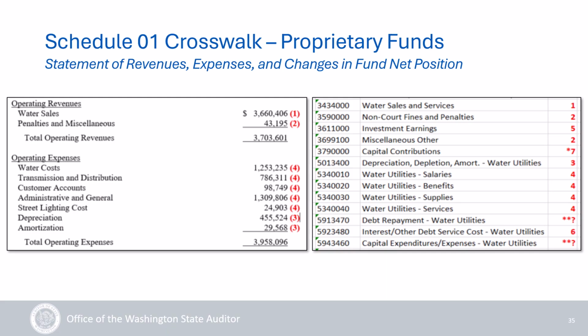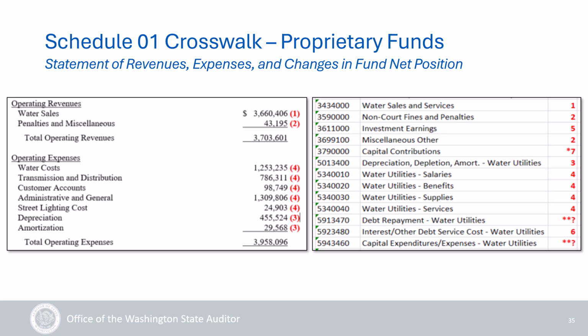This is an example of a crosswalk from the statement of revenue, expenses, and changes in fund net position into the Schedule 01. The image on the left of your screen is a snippet of the statement of changes for a GAAP water district, and on the right is a snippet of the Schedule 01 template for a GAAP water district.